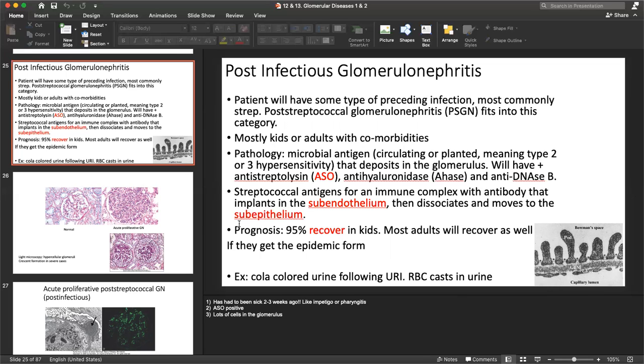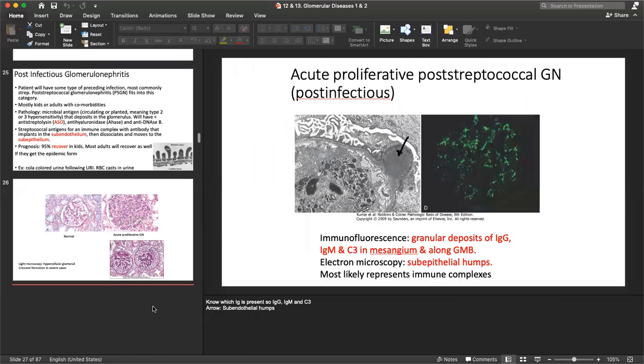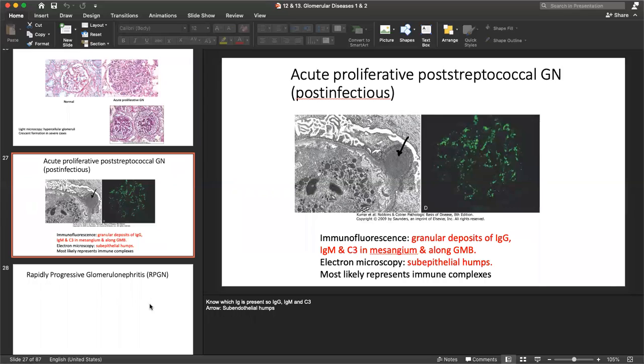So had impetigo or pharyngitis, ASO is positive, and it's going to be subendothelium, subepithelium. Immunofluorescence is going to have granular deposits. So here's our granular, our dot dots, of IgG, IgM, and C3, and it's going to be in the mesangium and along the glomerular basement membrane.